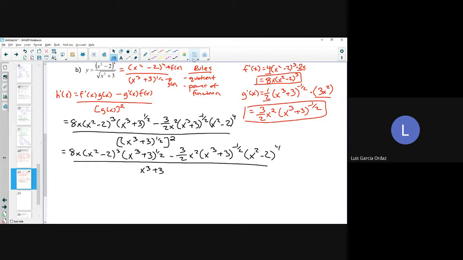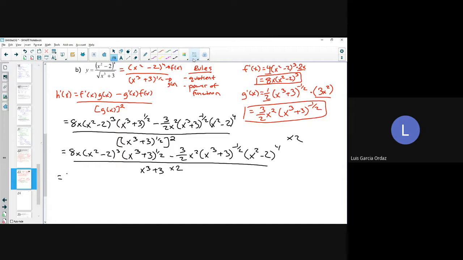So what do I multiply my numerator and denominator by to get rid of my fraction? We'll just multiply by 2 for now. Okay, and then we can simplify later. So I'm going to multiply this guy by 2 and multiply all of this by 2.